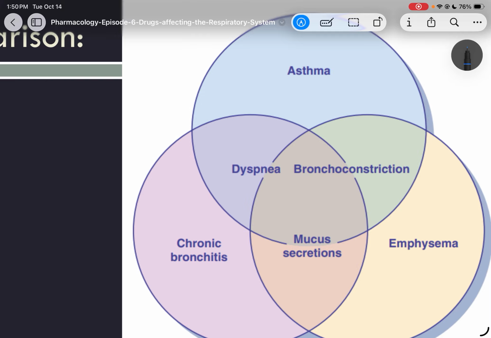Since there is constriction or mucus secretion, there is a chance of impaired gas exchange and impaired ventilation specifically.